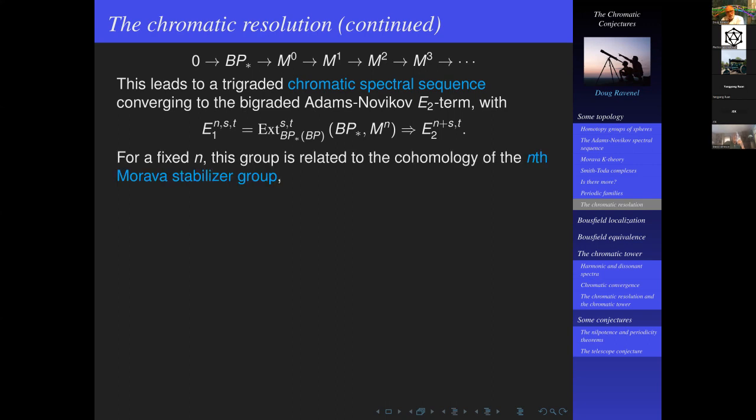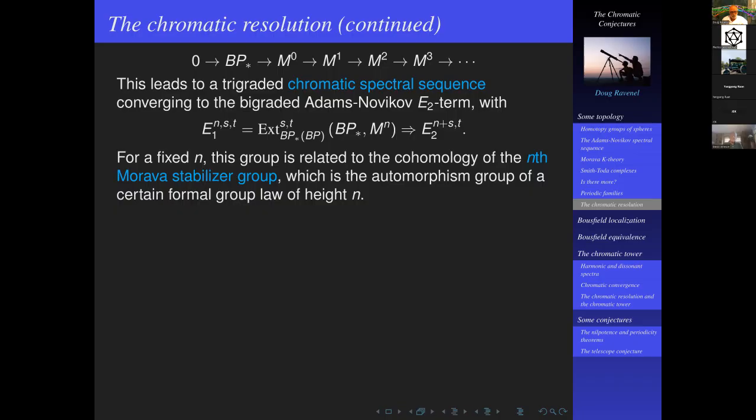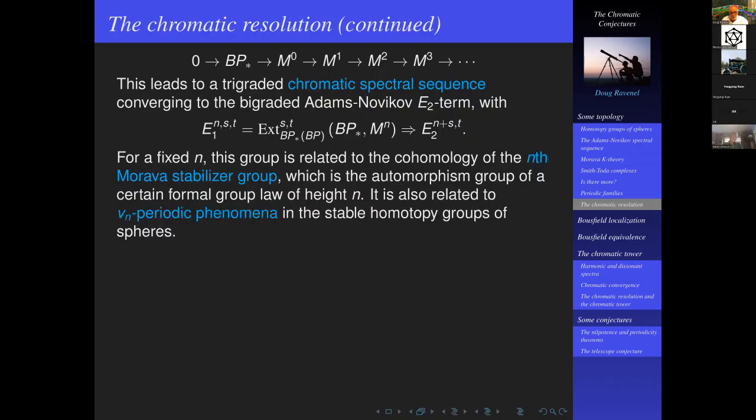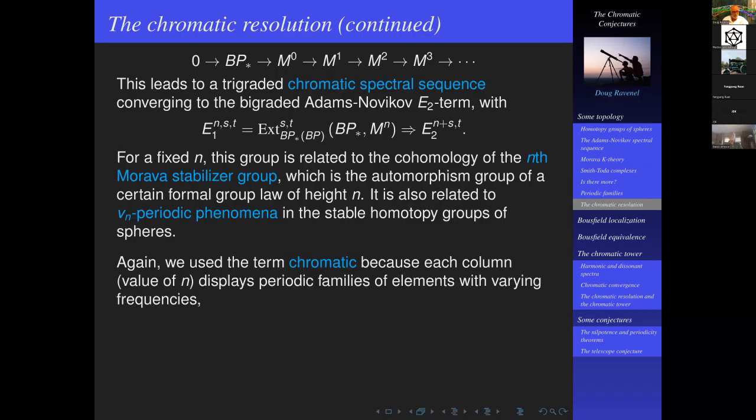And again, this Ext group, the Ext group associated with the nth module in this sequence, is somehow related to the cohomology of that nth Morava stabilizer group, the automorphism group of a formal group law of height n. And it's also related to Vn periodic phenomena, whatever that means, in the stable homotopy groups of spheres.